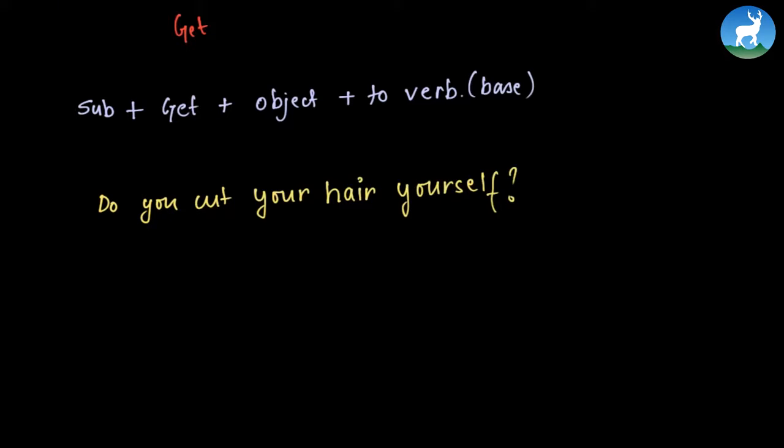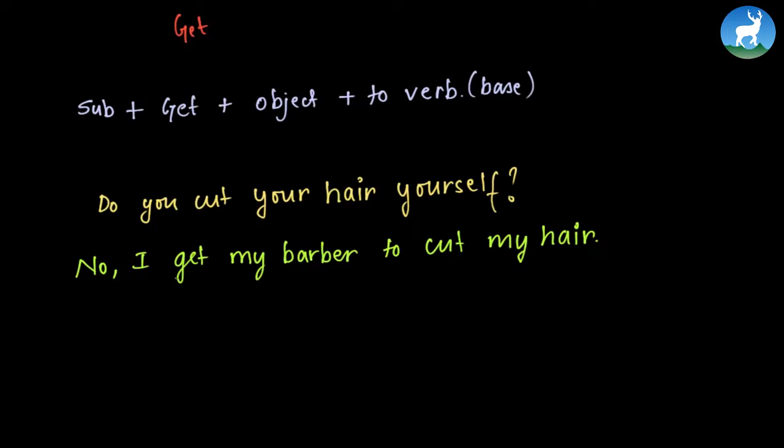The most probable answer could be, no, I get my barber to cut my hair. Notice that after using get, we have to plus a base verb in a sentence.